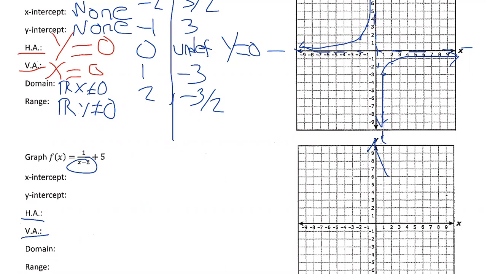Because if you plug 2 in, you would get 0. So my vertical asymptote would be 2. And remember, it's backwards. It's going to be y equals... oh wait, no, it's not. It's going to be x equals 2, because that would be the vertical line.